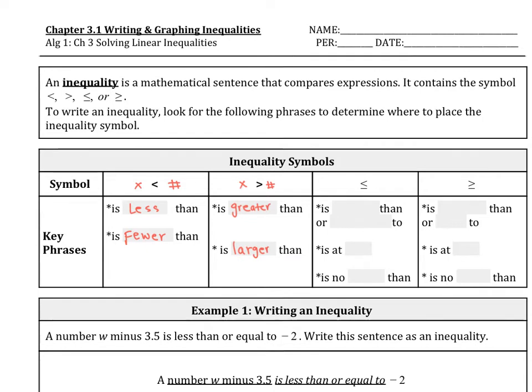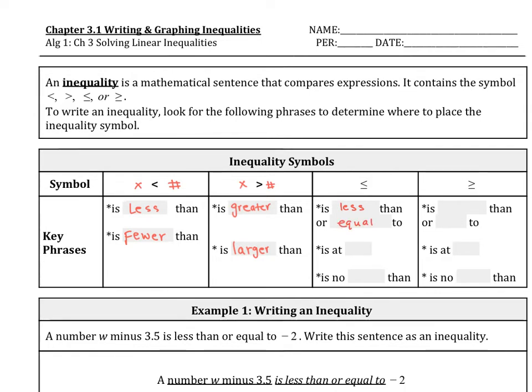The next one is the symbol that has a line underneath. It's the same symbol, but it has a line underneath, and now this is called less than or equal to.